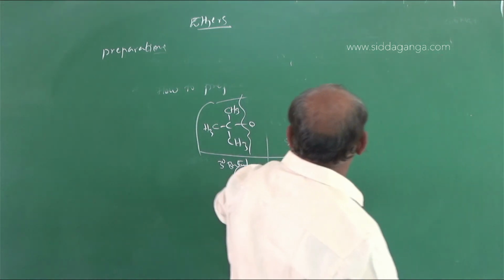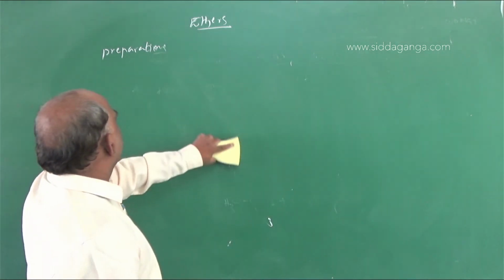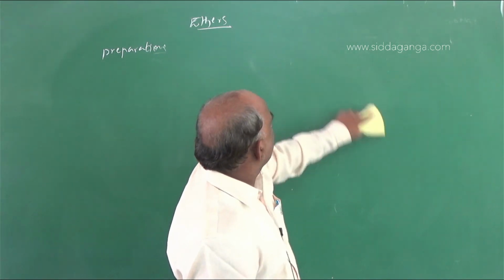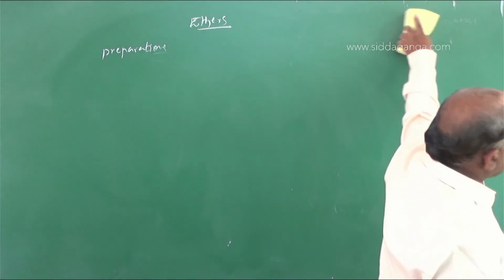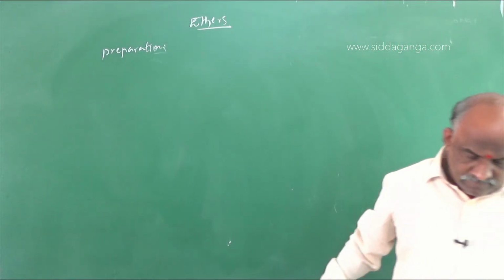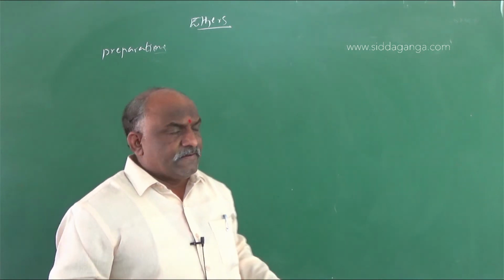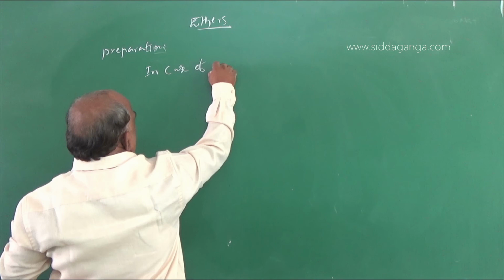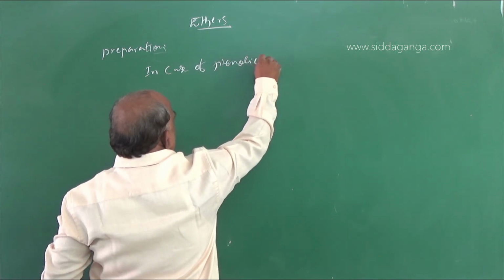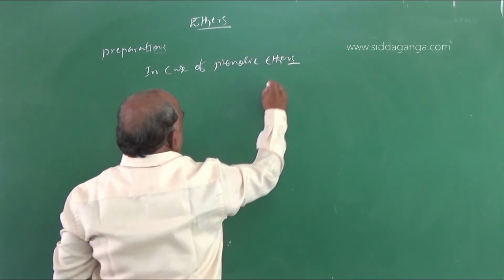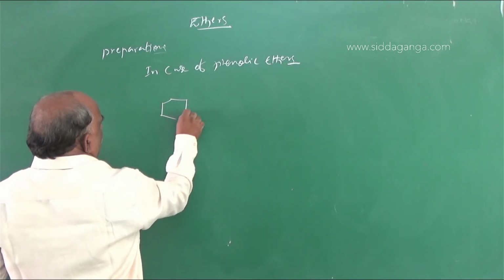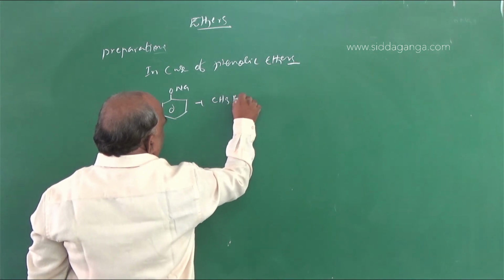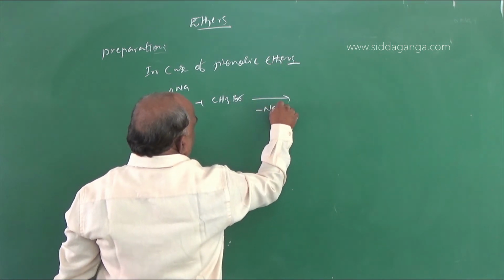In the case of phenolic ethers, you should go with ONa plus CH3Br, which gives rise to NaBr.